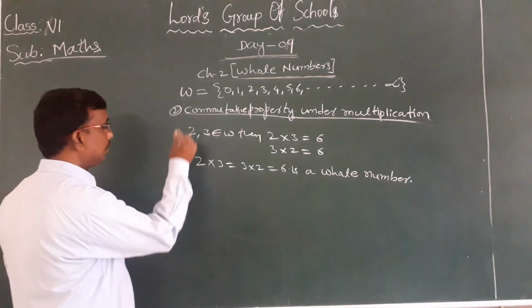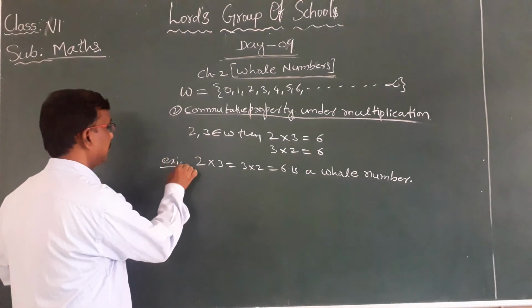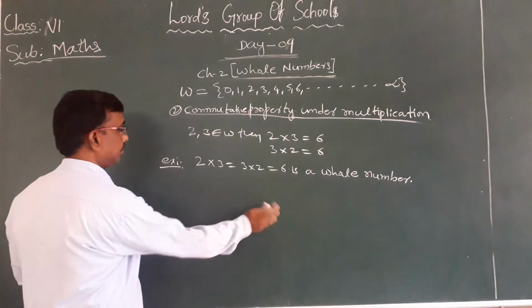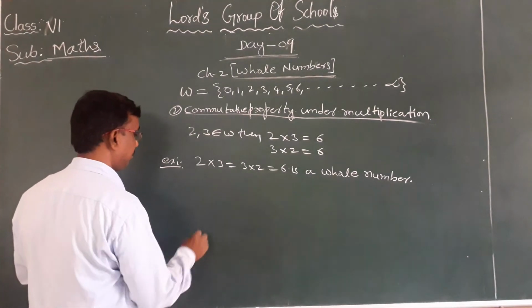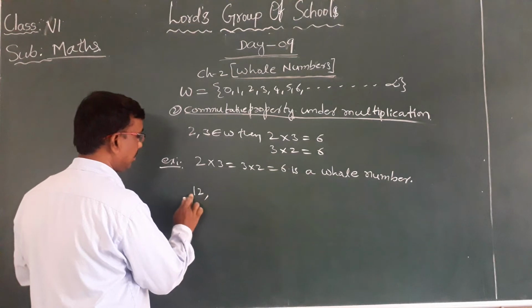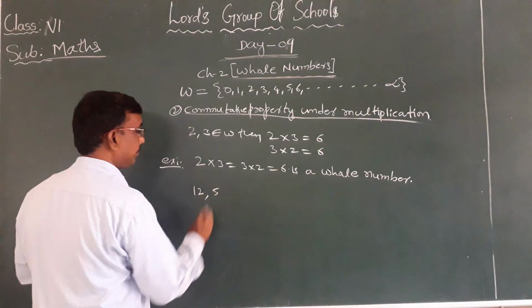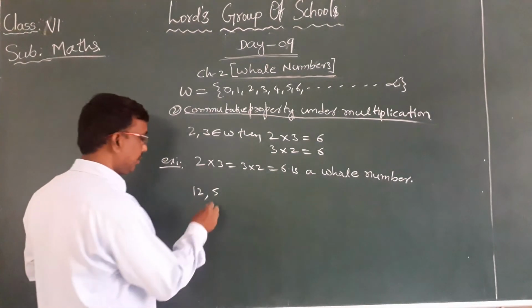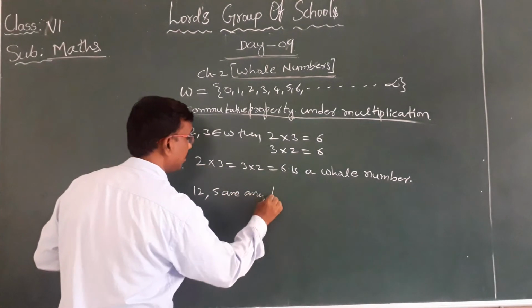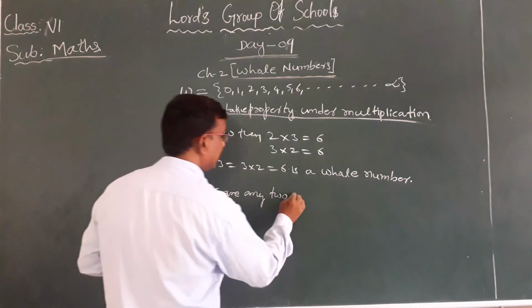Now, one more example. Let us take 12 and 5. Any two, as you wish, 12 and 5 or any two whole numbers.